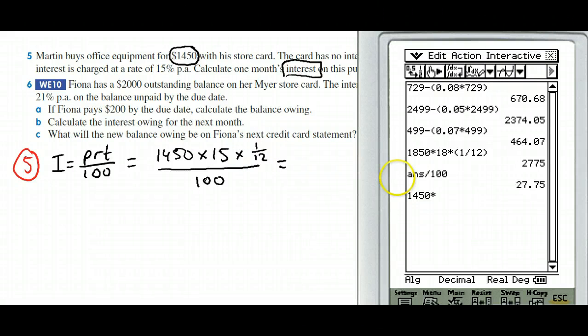So $14.50 times 15 times 1/12. And notice I'm putting it in brackets because without the brackets the calculator would be confused about the multiplication and the division, the order to do it in. That way it should be very clear. Okay, and then divide that by 100 and we get 18.125.